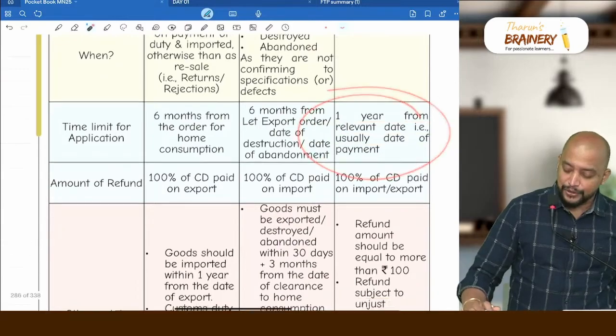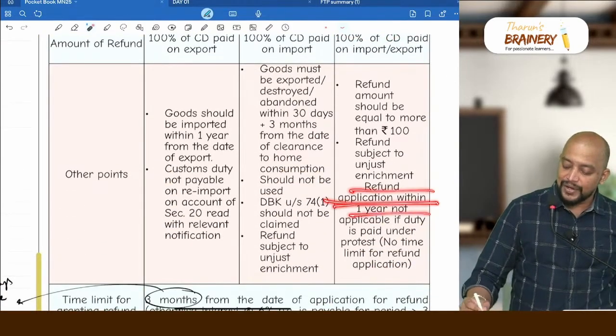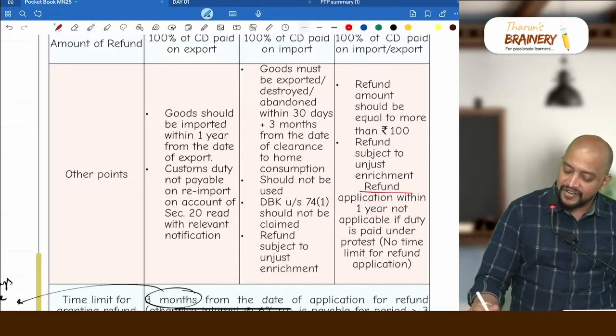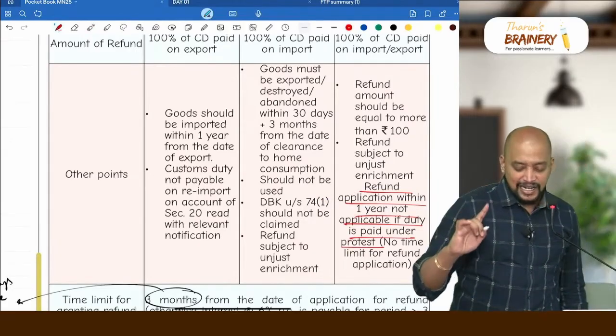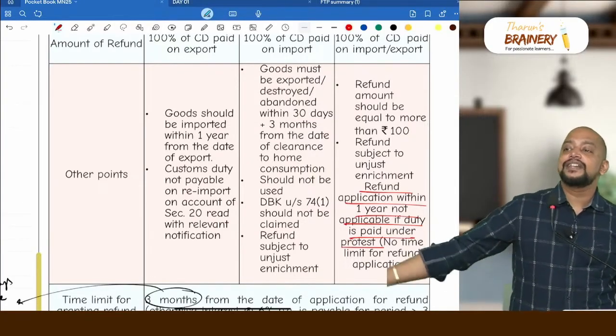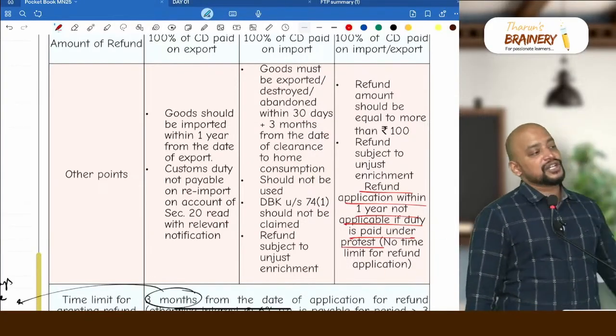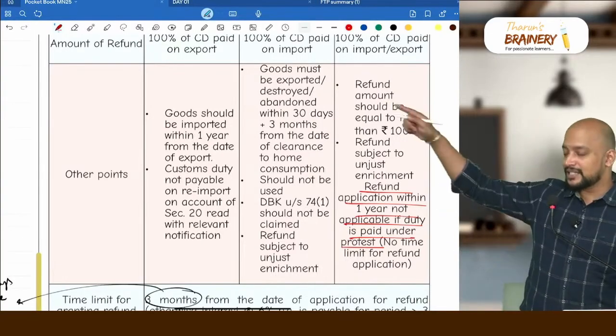This is the time limit. But in case of payment of duty under protest, that 1 year time limit is not applicable. You can see below, refund application within 1 year is not applicable if duty is paid under protest. It means there is no time limit. Even after 10 years or 20 years, you can make the application and they need to grant the refund. Is it clear?